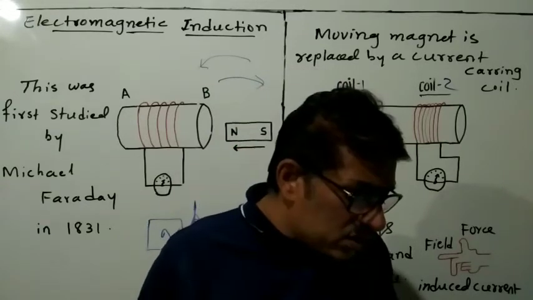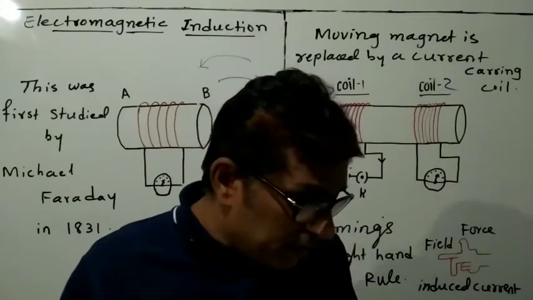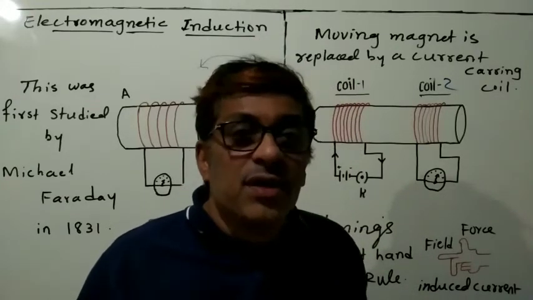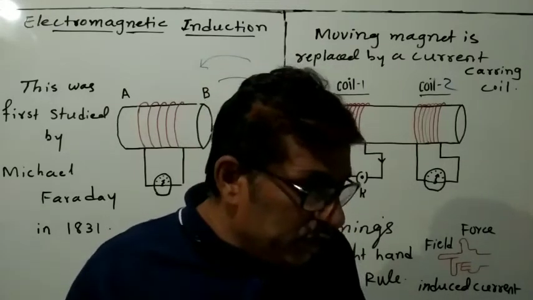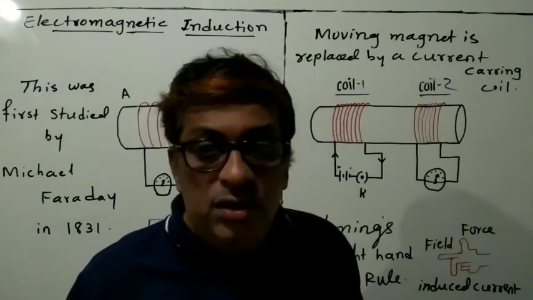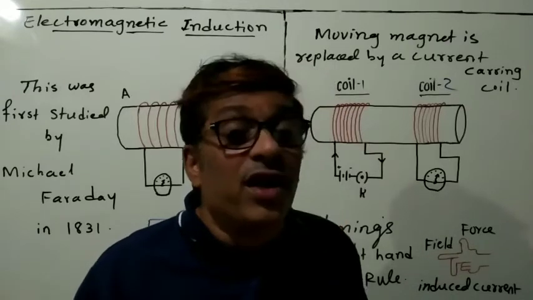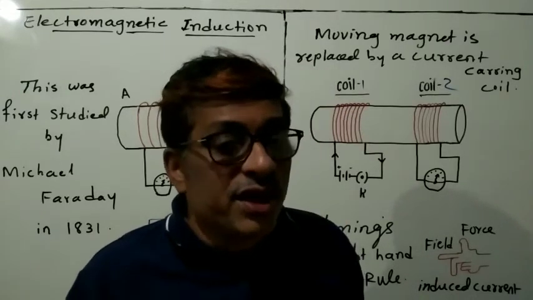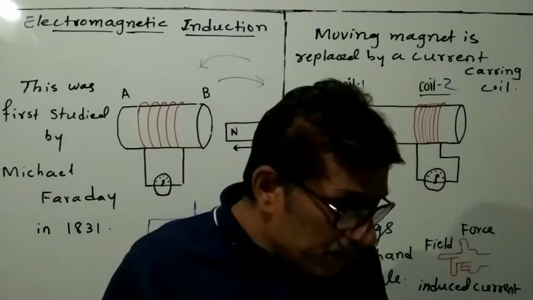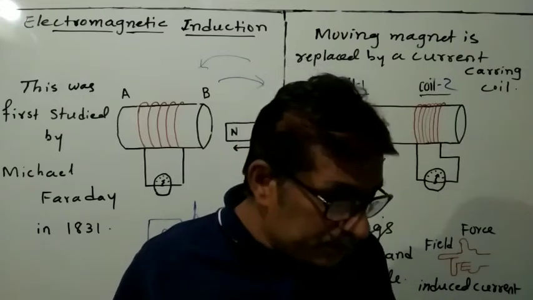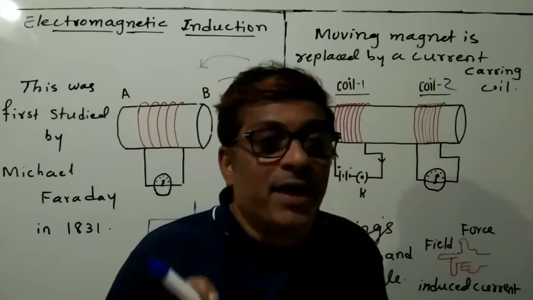Now you know that current is produced. How to find the direction? Try to understand, dear students: the induced current is found to be the highest when the direction of the motion of the coil is at right angles to the magnetic field.